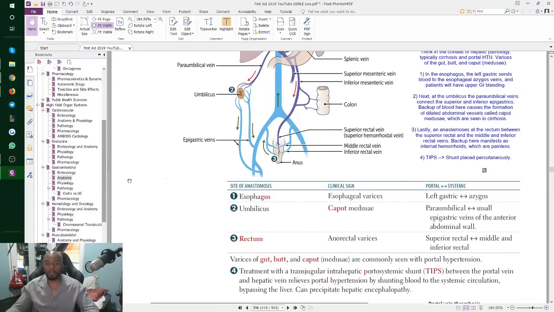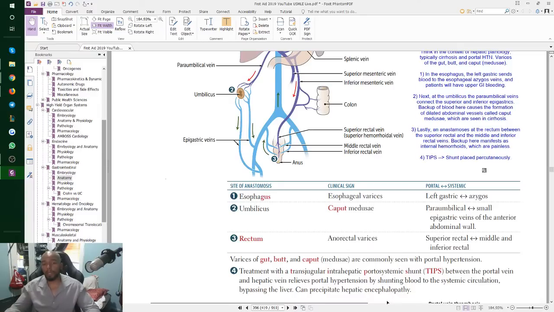So how do you fix this? Treatment is with a transjugular intrahepatic portosystemic shunt, also known as TIPS, between the portal vein and the hepatic vein. So if you combine the portal and hepatic vein, you end up combining portal blood flow and your systemic circulation, right? And once you do that, you kind of lower the blood pressure and stuff.